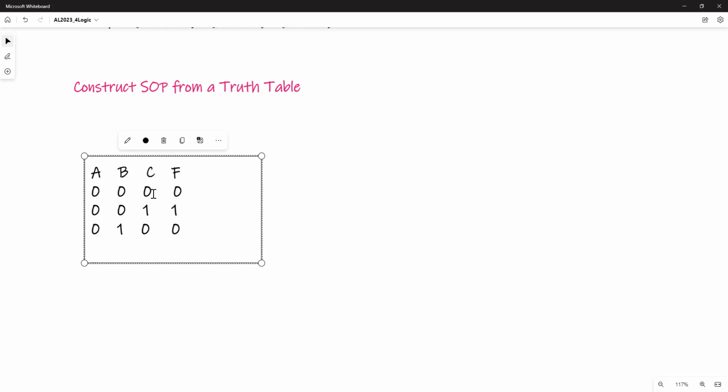Then we will have 0, 1, 1. Output, let's say 0.